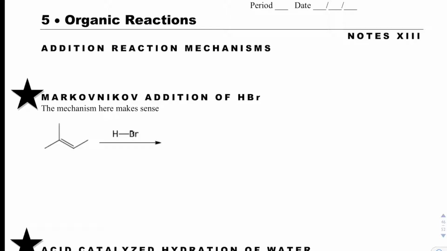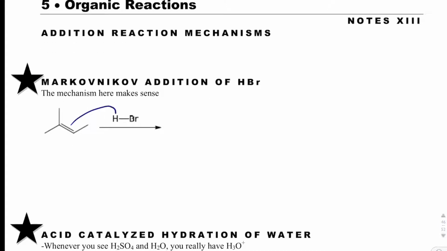We have the addition of HBr, and when we add HBr, what happens first is our nucleophile, the double bond, attacks a hydrogen. And what we do is we are going to create a carbocation that puts a positive charge on the most substituted carbon, and then our bromine can come in and attack the positive charge.